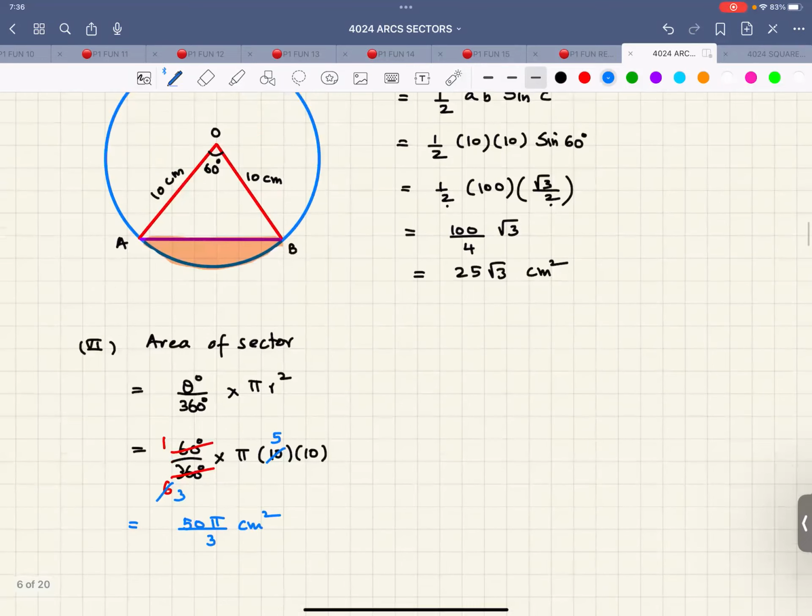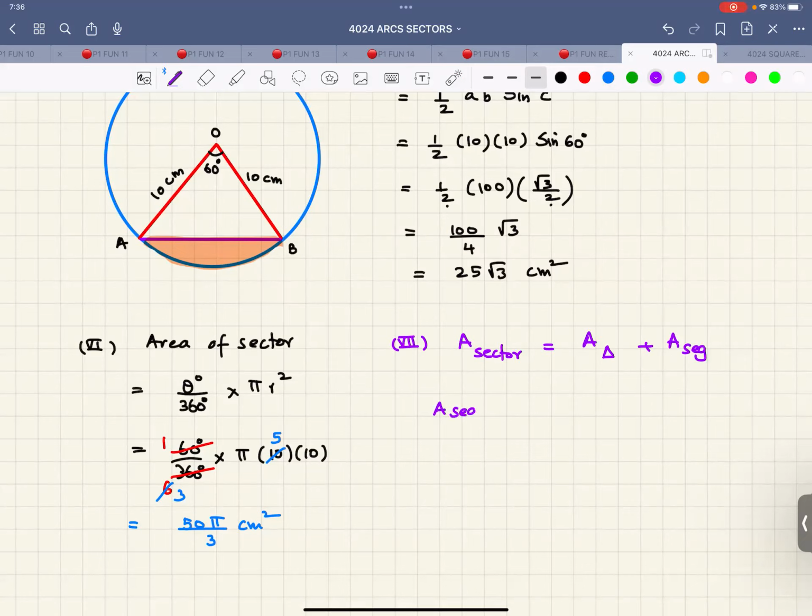Now we know that this whole thing is the sector. It's made up of a triangle and a segment. That means if I subtract the triangle, I'll get the area of the segment. So let me write it. 7th part. Area of sector is basically area of triangle plus area of segment.